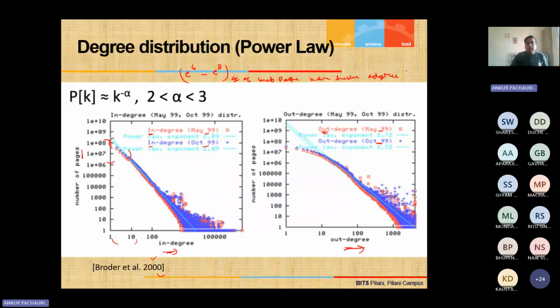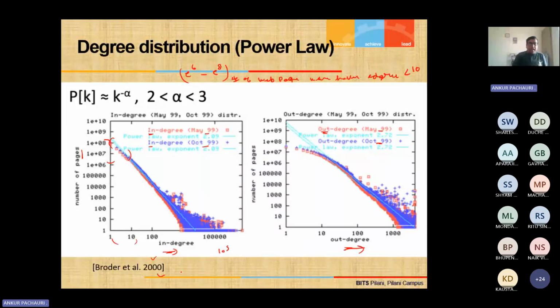So if I have a very huge graph, with number of web pages e to the power 10, with in degree raised to 10 to the power 5, suppose, 10 to the power 5 means 1 lakh of nodes.